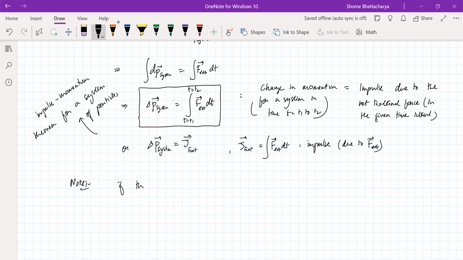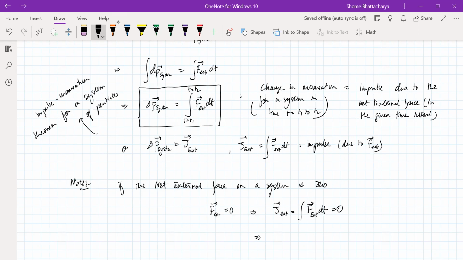If the net external force on a system is zero, then this term is zero. So the impulse, which is the net external force integrated over time, will also be zero.